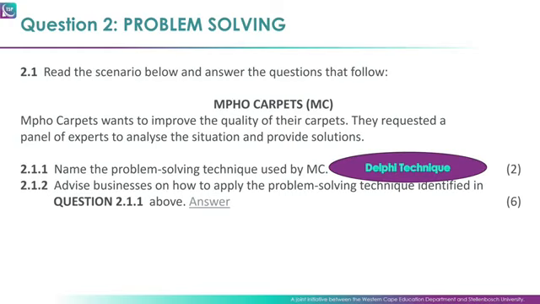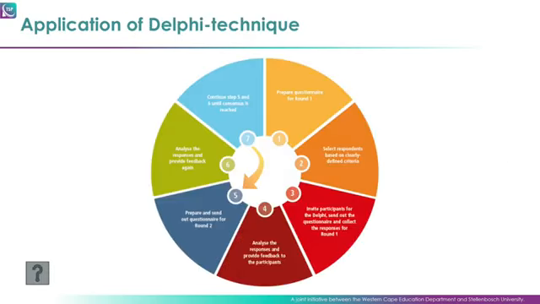So in this case, the Delphi technique, as we have already discussed early in our session, is that there is a panel of experts that is invited. They are exposed to a first round, a set of questionnaires or a questionnaire, and then their responses are collated and analyzed, and a feedback report is then drawn up based on that. A second set of questionnaires is then issued.